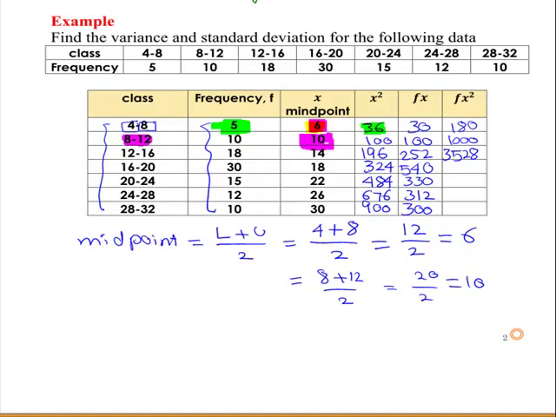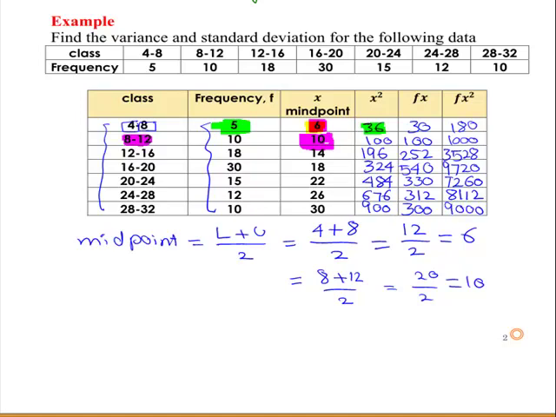Then 30 multiplied by 324 will give you 9720. Then 15 multiplied by 484 will give you 7260. Then 12 multiplied by 676 will give you 8112. And the last one, 10 multiplied by 900, will give you 9000.